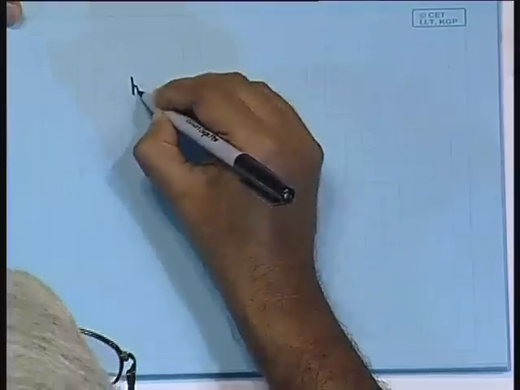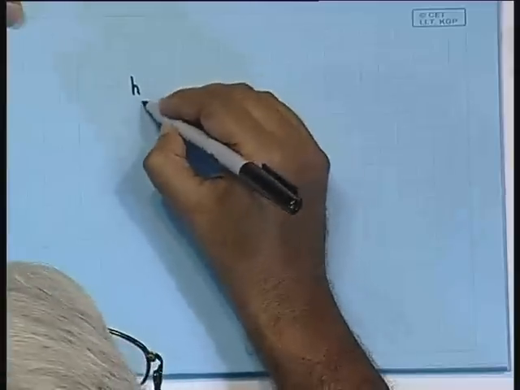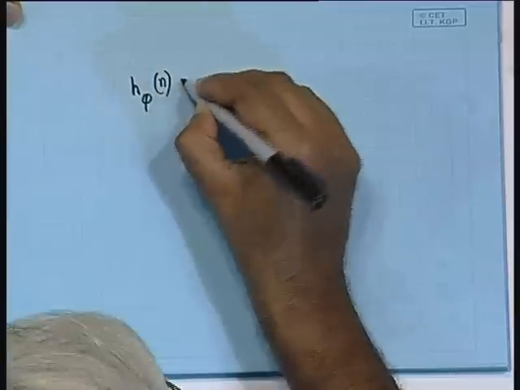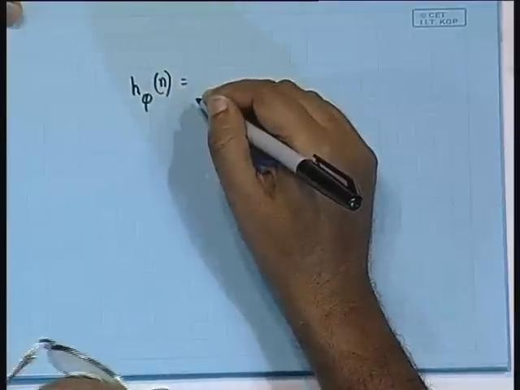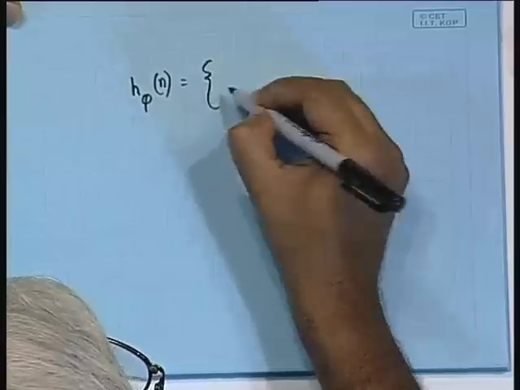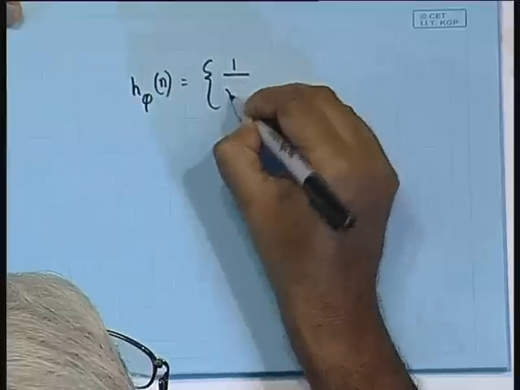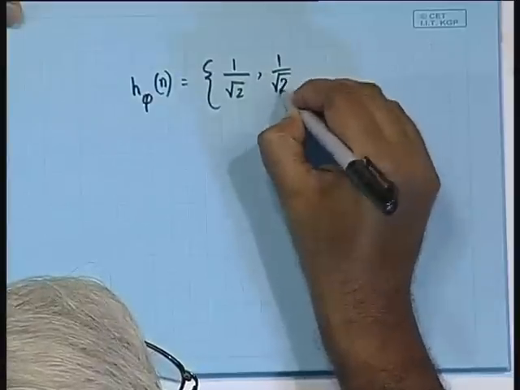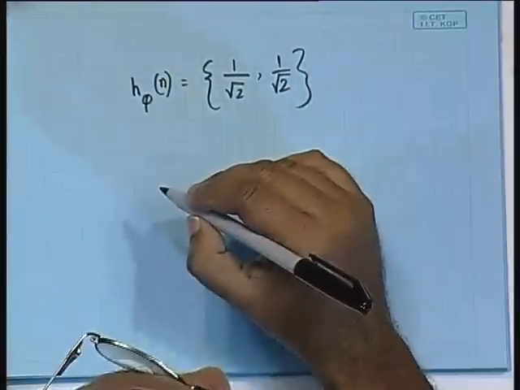So, we use two filters. Let us say we use H phi of n, which will be a low pass filter, and if we take its coefficients as 1 by root 2, 1 by root 2, this is a 2 tap filter.